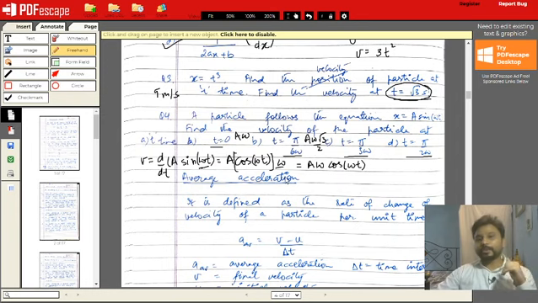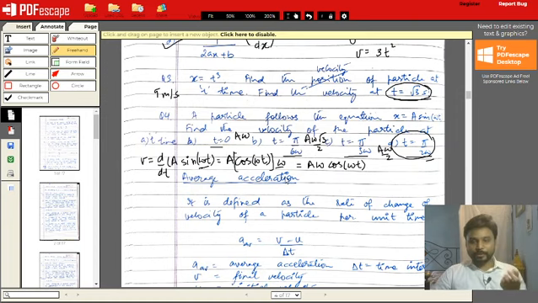Similarly, substituting the value of pi by 3 omega, you would get a omega by 2. And the last part is left for you as an exercise: try to find the value of velocity at this particular time by substituting this time in the velocity which we have obtained.